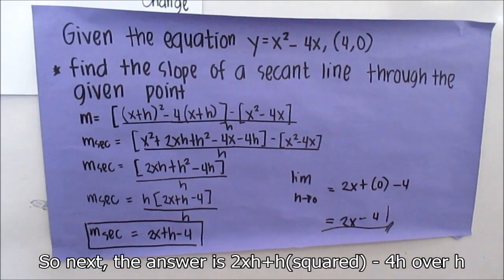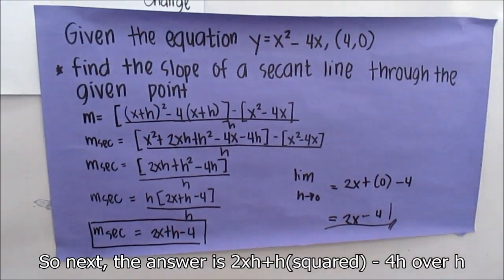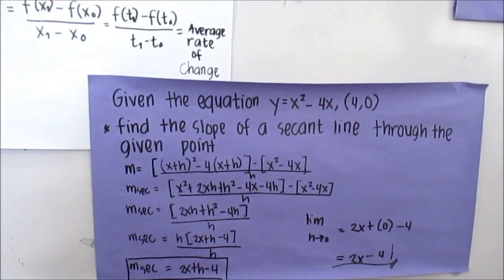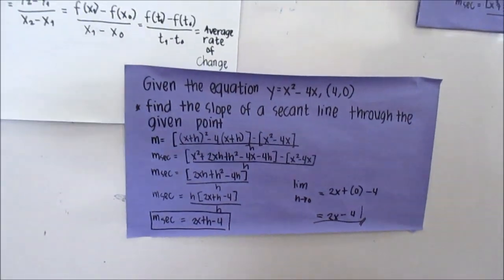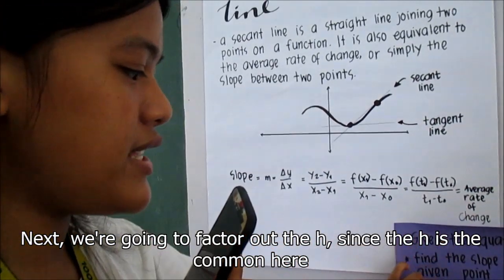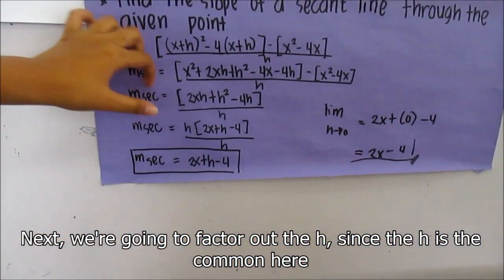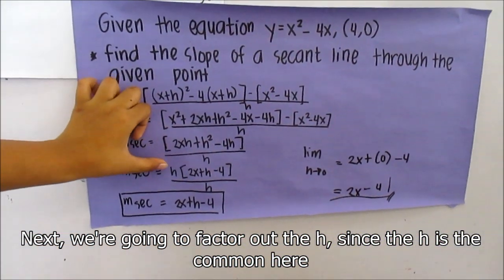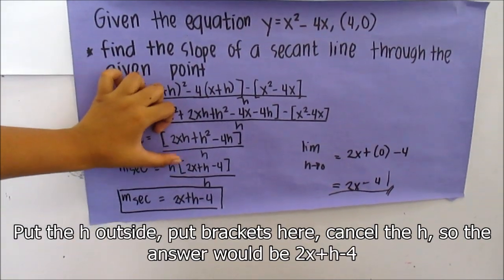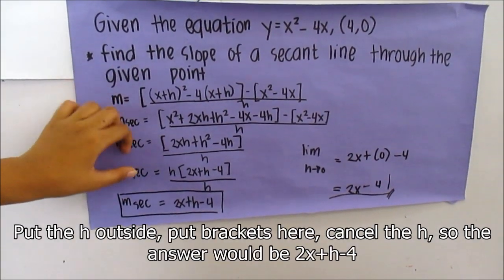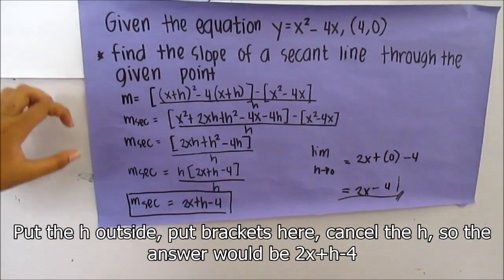So next, the answer is 2xh plus h squared minus 4h over h. Next, we are going to factor out the h, since the h is the common factor here. So put the h outside and put brackets here and cancel the h.